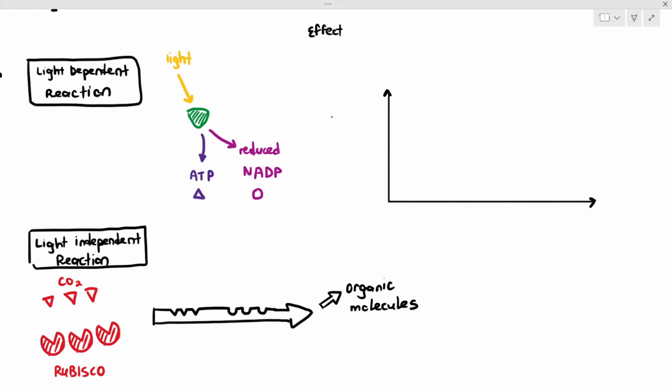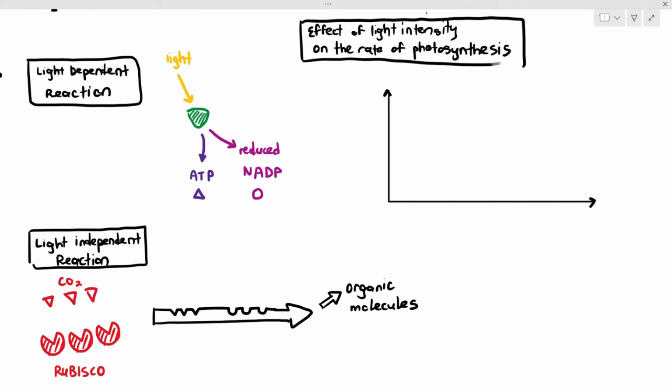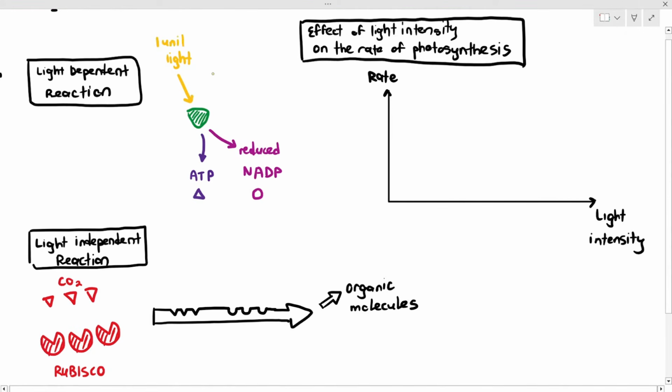If I were to draw a graph here, I want to see the effect of light intensity on the rate of photosynthesis. So let's look at this. If I shine 1 unit of light, let's say that's a low light intensity, it produces 1 triangle of ATP and 1 circle of reduced NADP.